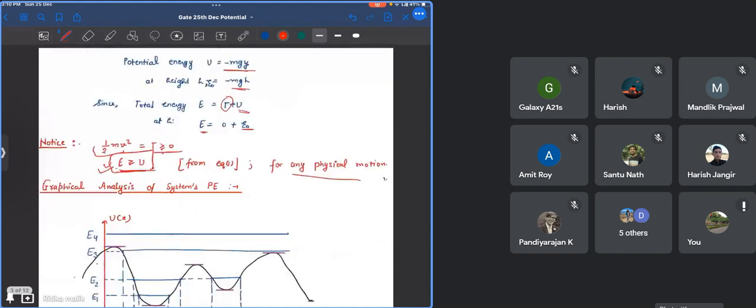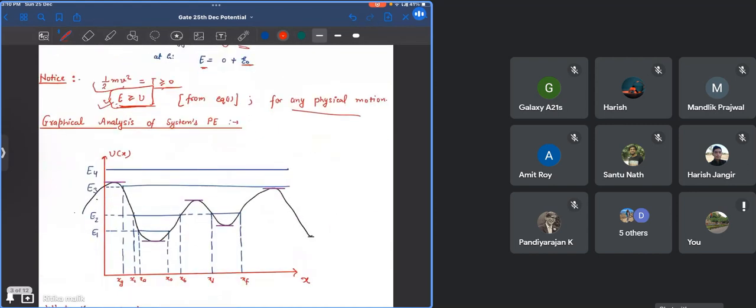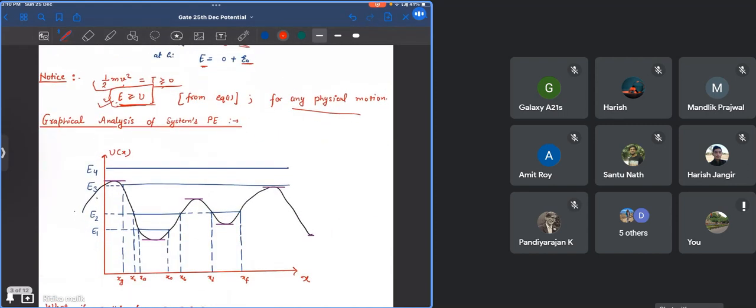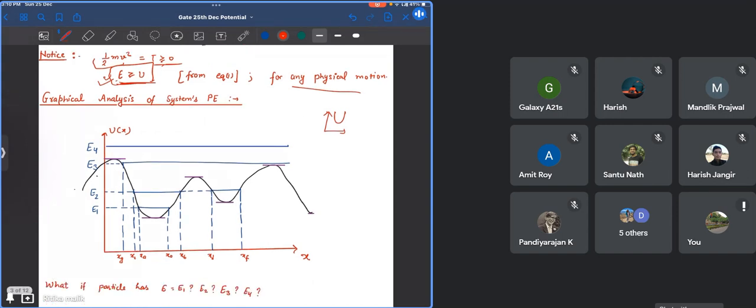For example, let us consider this case of potential energy where you have some random potential curve. In the case of a harmonic potential, you have a parabola, but here it is a different curve. You have different energy levels, like E1, E2, E3, E4, and E0 as well.